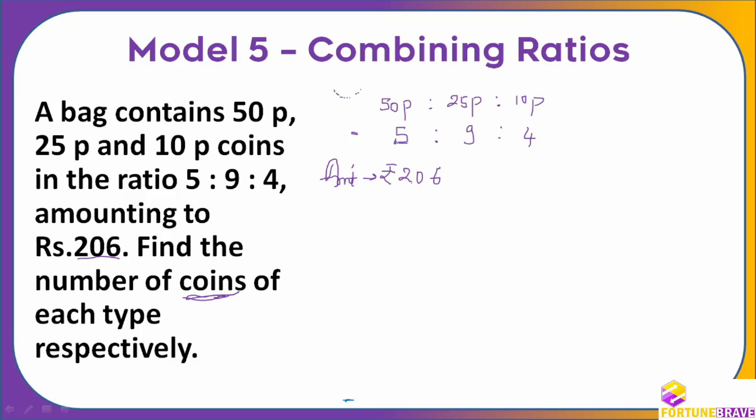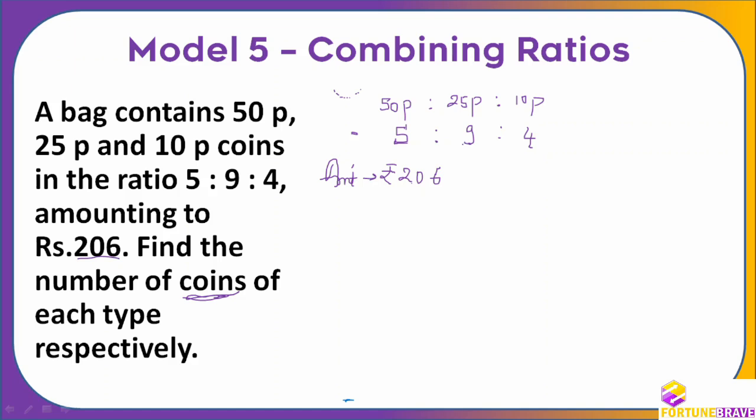This is not 5 rupees, not 9 rupees, not 4 rupees. This is actually 5 coins. If I take 5 coins of 50 paise, the value will be 2 rupees 50 paise. Yes or no? Whereas 9 coins of 25 paise means 2 rupees 25 paise. This is talking about rupees and this is talking about number of coins.